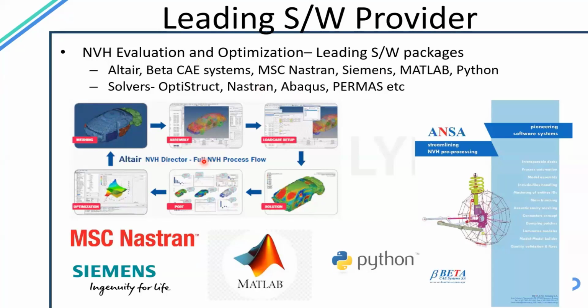An important thing to notice is that we have the so-called dedicated NVH Director in Altair, where we can execute the entire simulation pipeline using one single software. It starts with meshing, or preparing your model for simulation, then assembly, then you set up the load case using NVH Director.